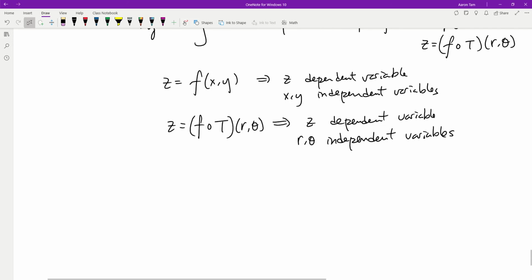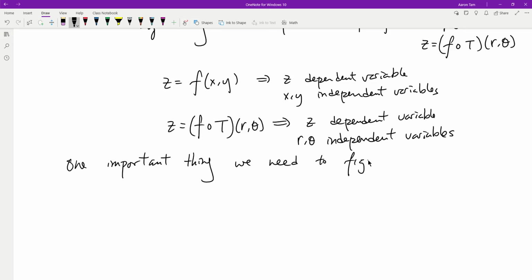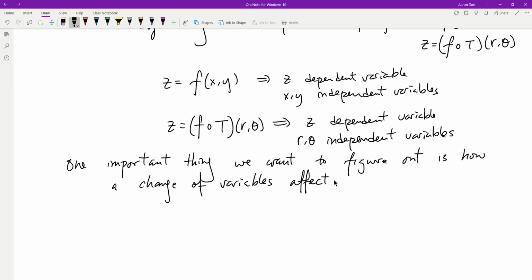Now, one important thing we want to figure out is how a change of variable affects properties of a function.